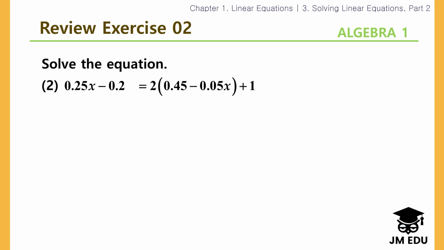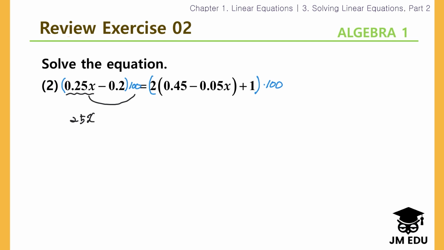Number 2, if we have decimals with the hundredths digit, then we're going to have to multiply by 100 each side. So let's try that. So all of this expression times 100, and all of this expression times 100. So 0.25x times 100, that gives us 25x.